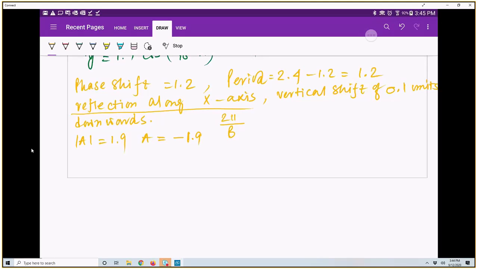So 2 pi over B was the period, which is 1.2. That means B is equal to 2 pi over 1.2, which when simplified is pi over 0.6. And again, you can write it as 6 pi over 10 or 3 pi over 5.